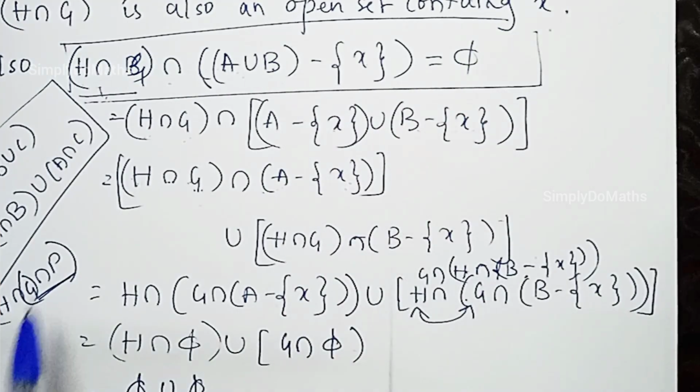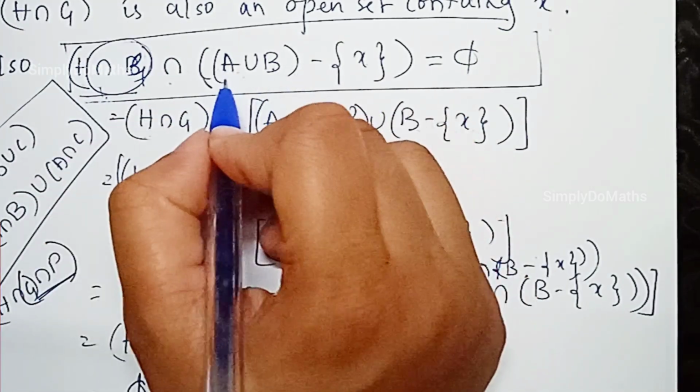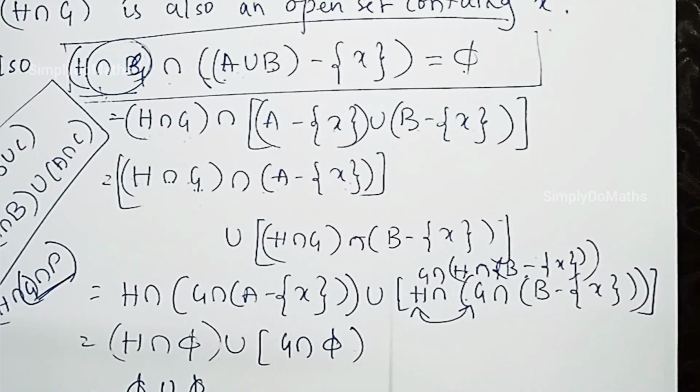We got this condition. This is one of the open sets and this is A union B, which is equal to empty.